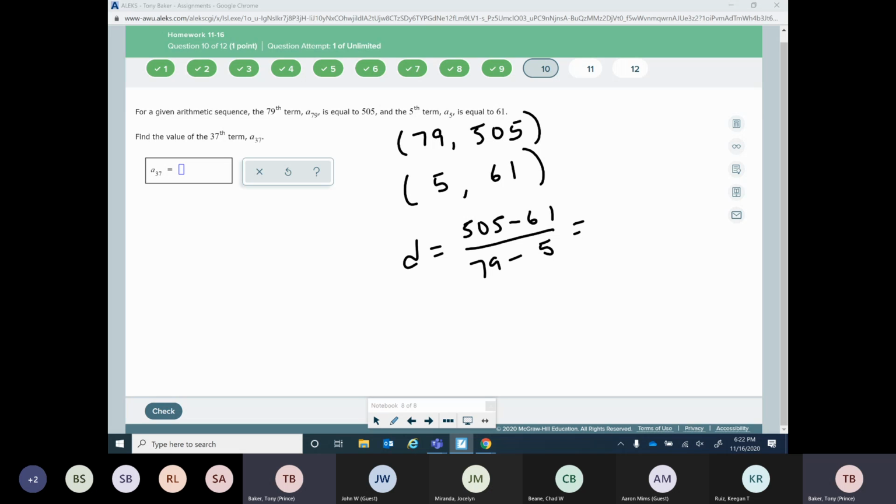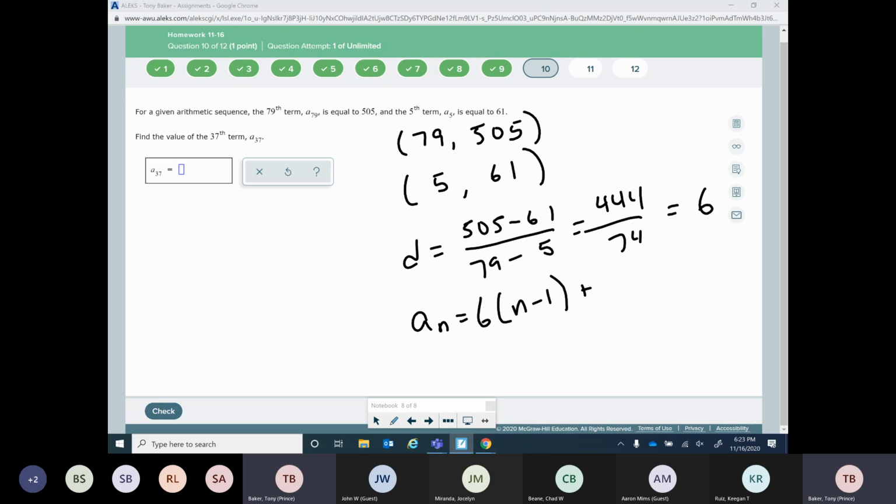So 505 minus 61, so I have 444 over 74. So this equals 6. So I have a sub n equals 6 times n minus 1, but I don't know the next value.